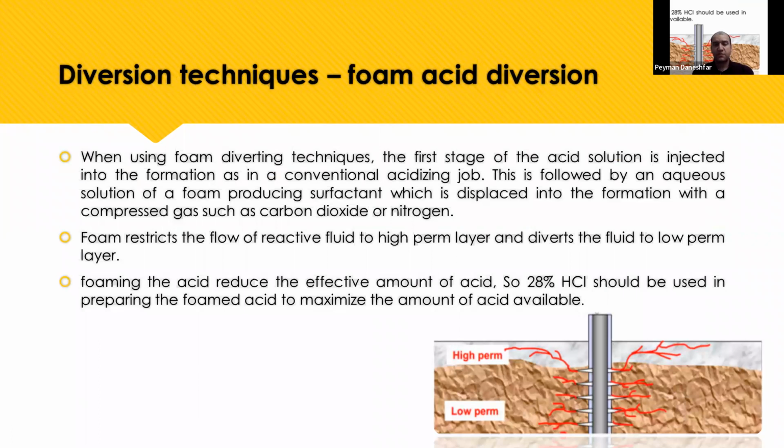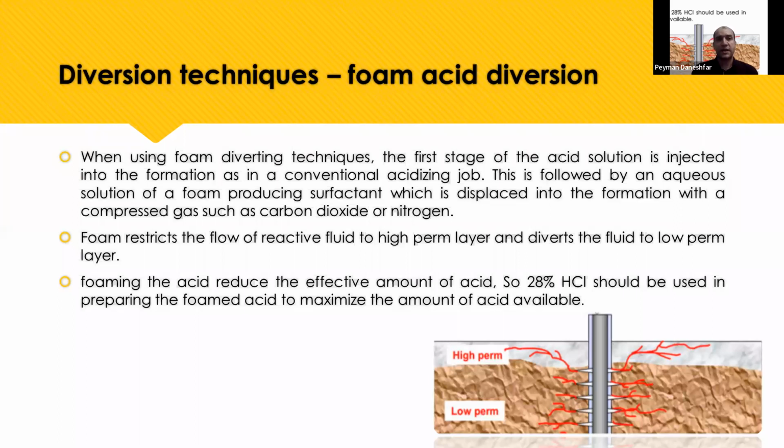When using foaming diversion techniques, the first stage of the acid solution is injected. Okay, every time we inject the acid at first. But the foam again covers the permeable zone and diverts the acid to another zone.